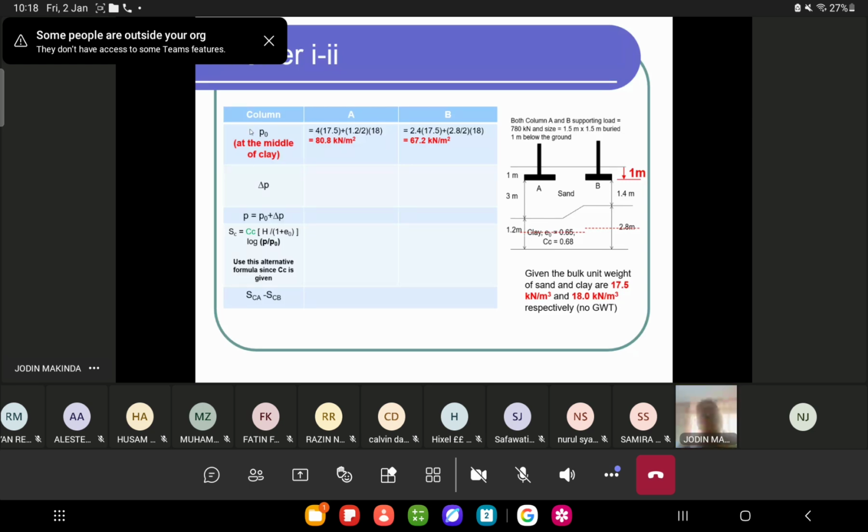Effective overburden pressure measured before construction at the middle of the clay is using the following equation. 4 meter times sand unit weight, because sand is 4 meter for column A.